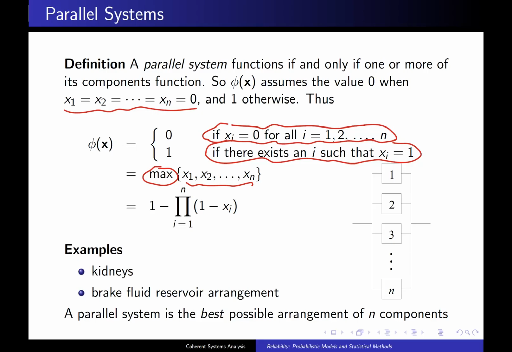Now let's try a mix. Some of them are 1s and some of them are 0s, which means some of these components have failed and others have not failed. When you take the maximum, you get a 1, and that's what you want for a parallel system. Finally, a third way of writing the structure function for a parallel system is 1 minus the product of 1 minus the xi's.